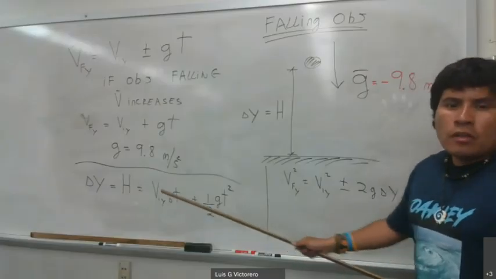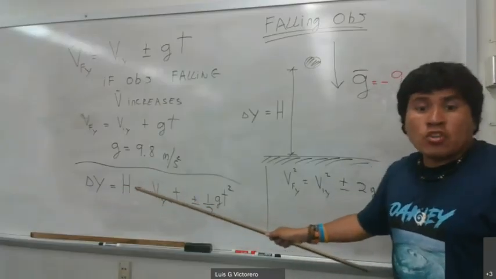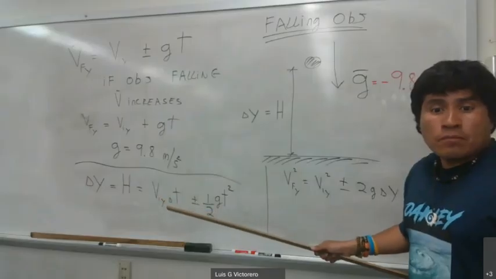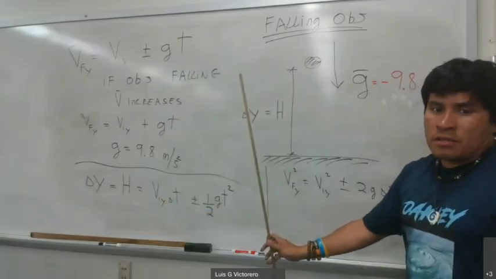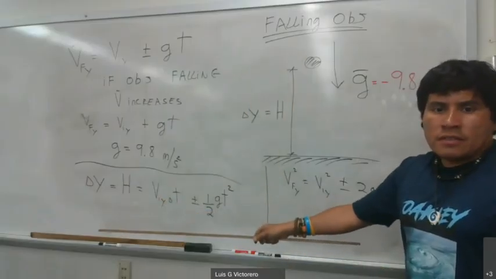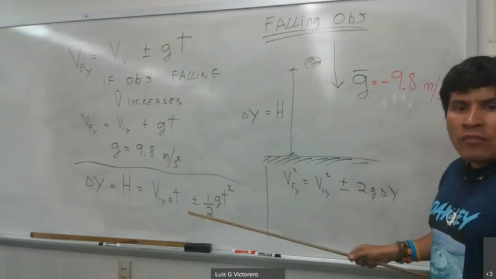If you plot y as a function of time, so y on the y-axis, obviously, and t on the x-axis, what type of graph is this?